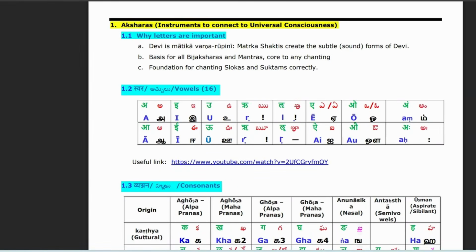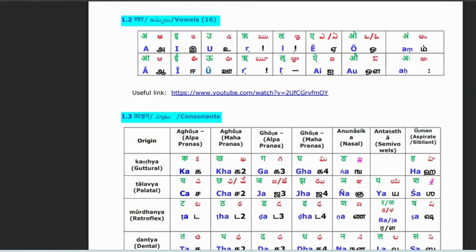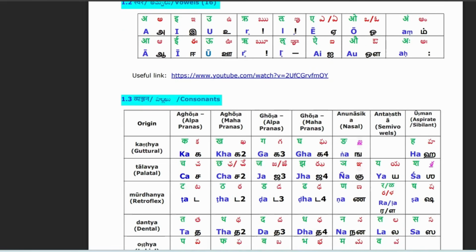In Hindi, we have vowels, which are swara, and then we have vyanjan, the consonants. There are 16 vowels: A, Aa, I, Ee, U, Oo, Ru, Roo, Lu, Loo, E, Ai, O, Au, Am, Aha.